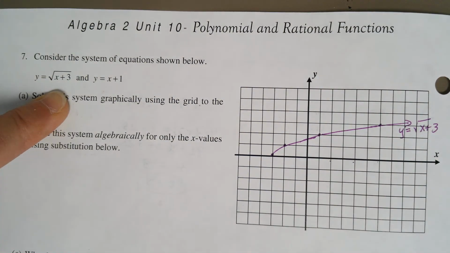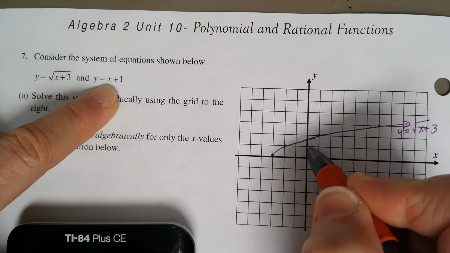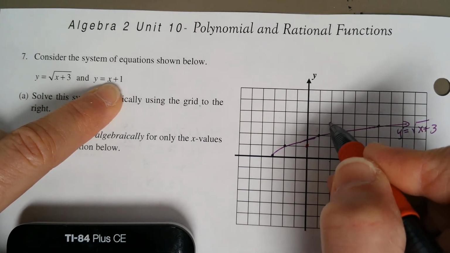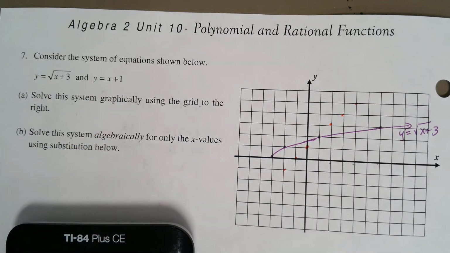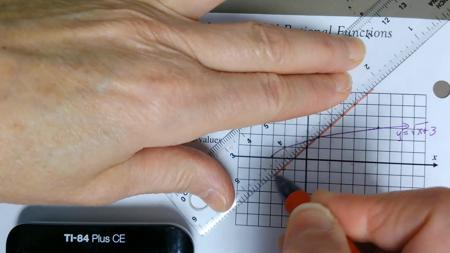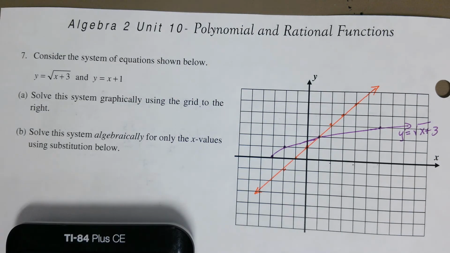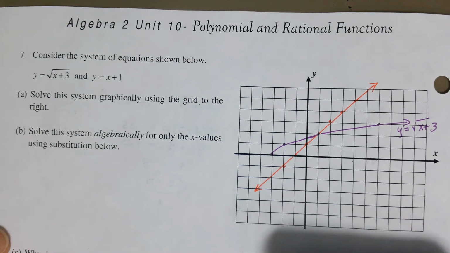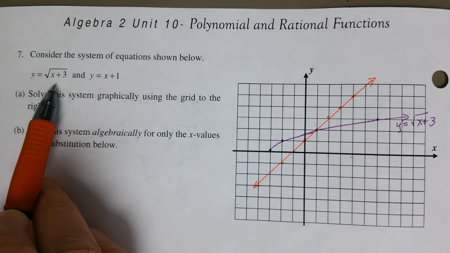Y equals x plus 1. I'll use red for that. Y-intercept 1, slope is 1. Straight edge, do I have one? So the domain is x greater than or equal to negative 3.